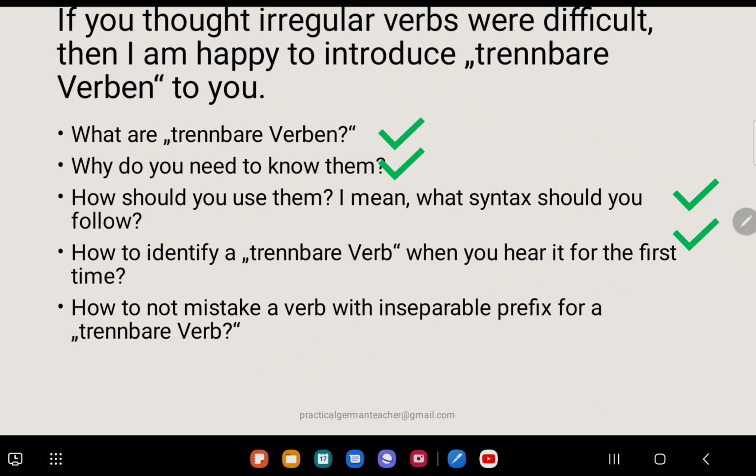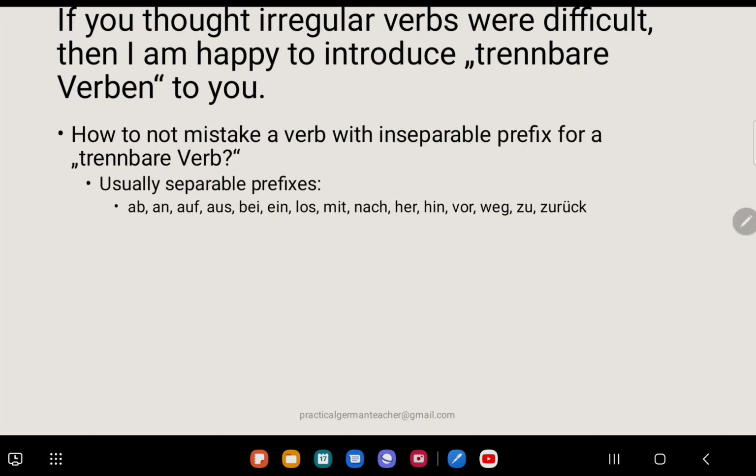And how not to mistake a verb with an inseparable prefix for a trennbare verb? You might see verbs with a prefix, and you want to make sure that you don't confuse these verbs with trennbare verbs. One way is to check whether the prefix is getting emphasized when spoken.